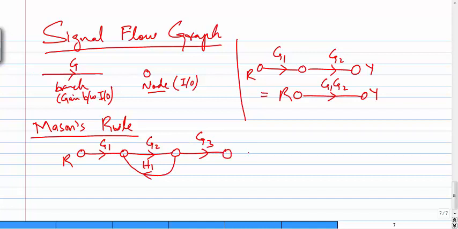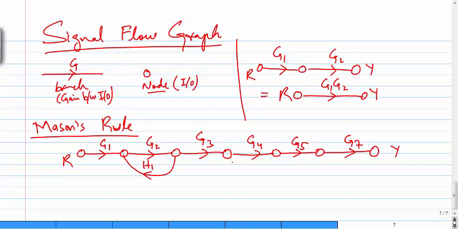Then we have another node, then G4, then another node, that is G5, then another node, that is G7, then another node. So this is my output.